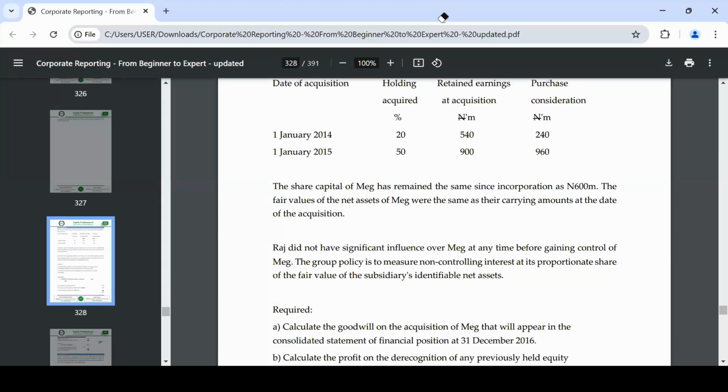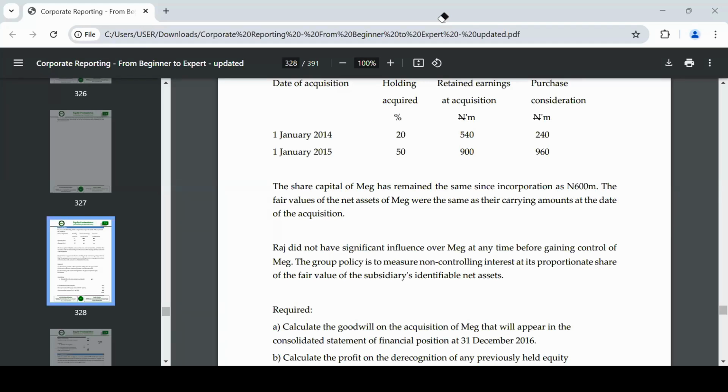We were told Raj did not have significant influence over Meg at any time before gaining control of Meg. Now, this is important. Why are they telling you this? They are saying it because they know you may see 20% and immediately feel that, okay, Raj would have treated our investment in Meg as an associate investment.